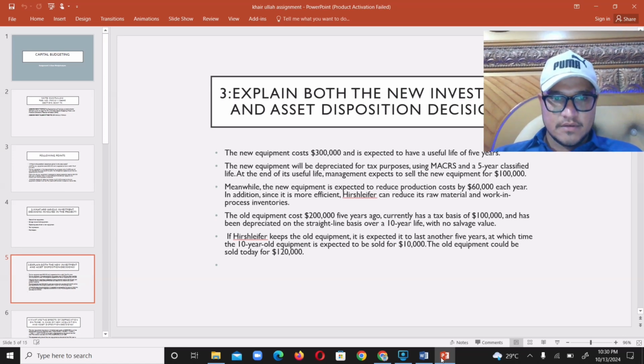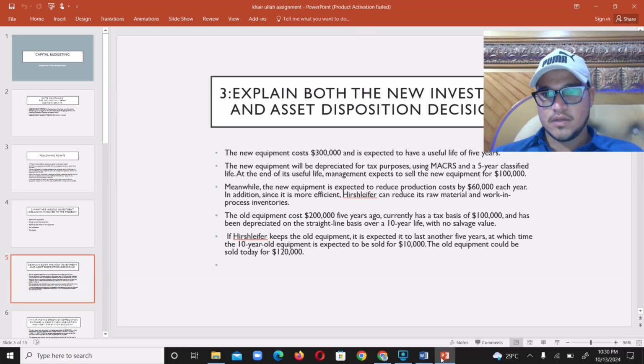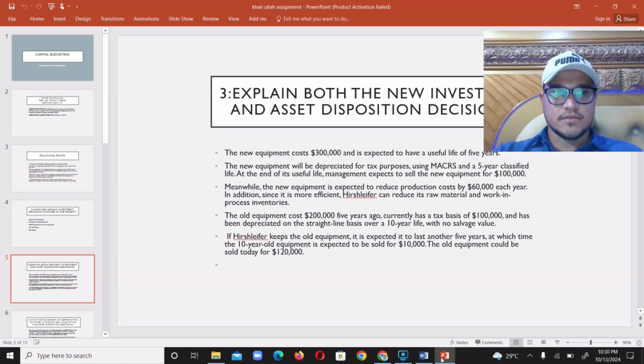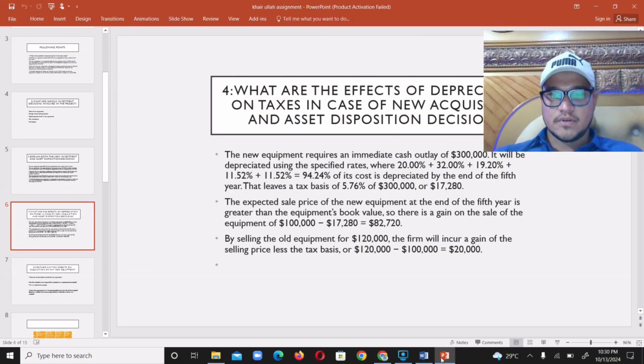Last point, if a sulfur keeps the old equipment, it is expected to last another 5 years, at which time the 10 years old equipment is expected to be sold for 10,000. The old equipment could be sold today for 1,20,000. So we move to the next question.